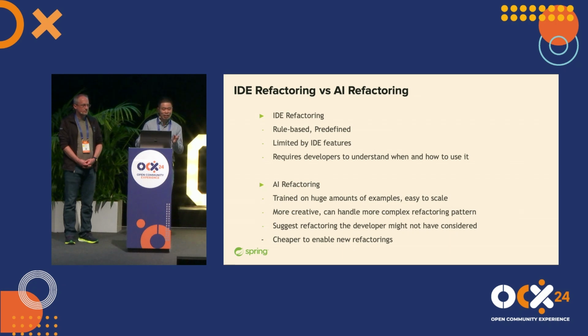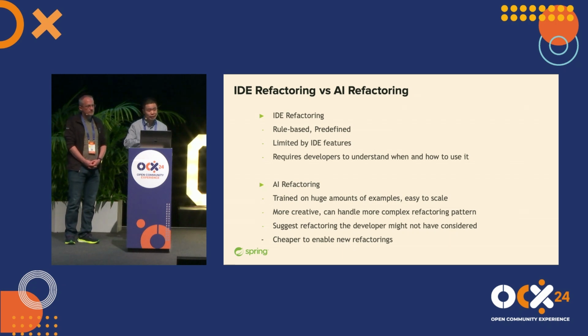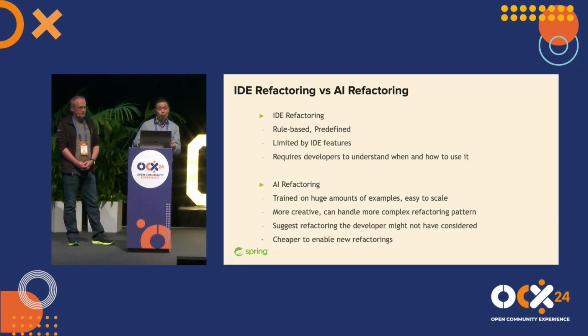Now with AI refactorings, since the model is trained on a huge number of examples, the feature set is very easy to scale. It's also more creative and handles more complex refactoring patterns. It can sometimes suggest refactorings you never used or never considered before. Lastly, it's much cheaper to add new refactorings based on AI chat.